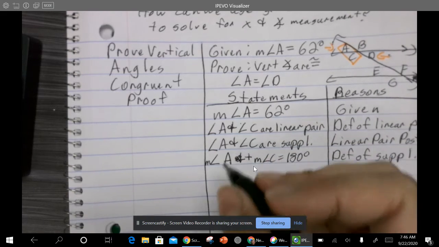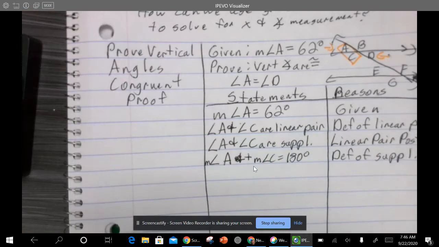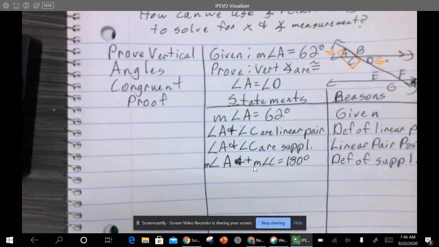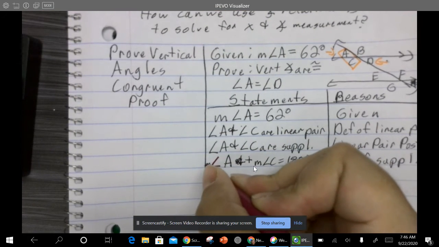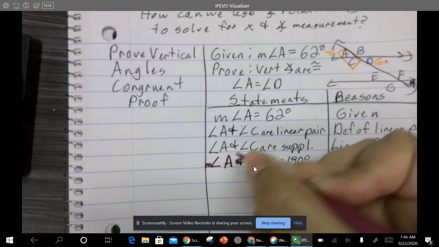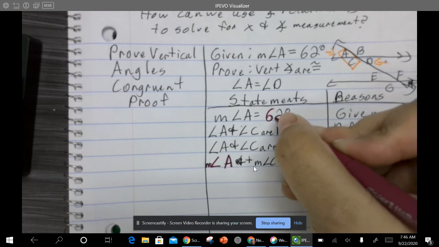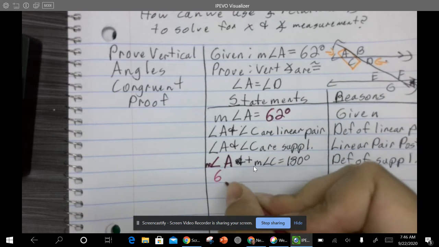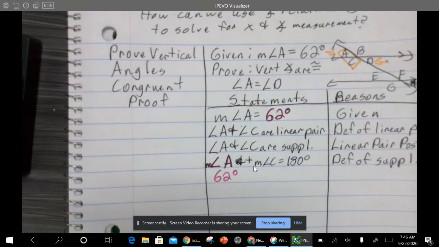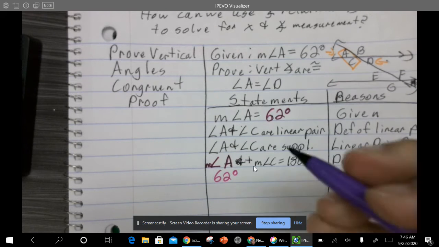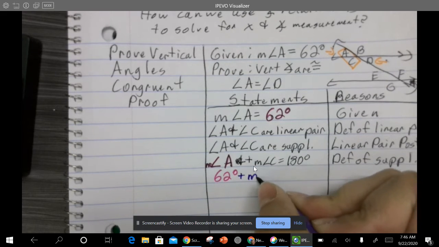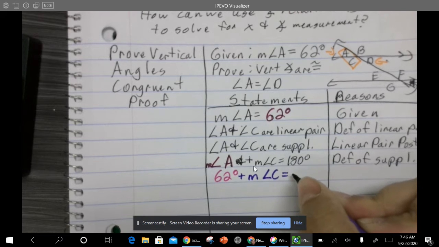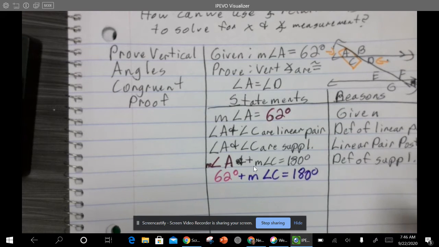Okay, so that means also that the measure of angle A we know is 62 degrees. So we're going to substitute in 62 plus the measure of angle C is equal to 180 degrees.